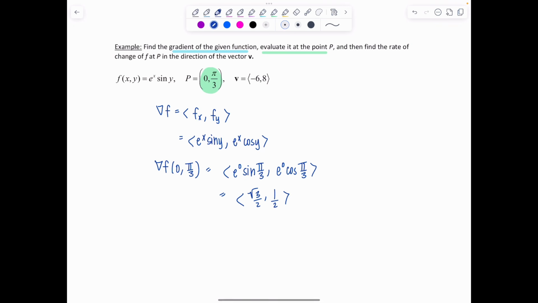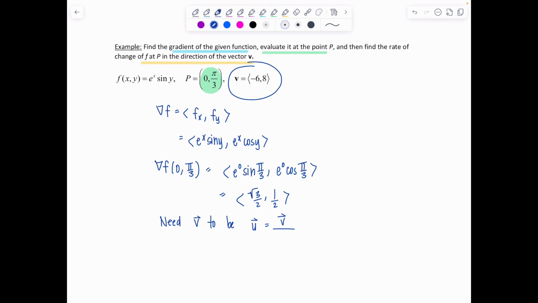Done. Okay. Lastly, they said find the rate of change of f at P in the direction of the vector V. So they want the directional derivative of f in the direction of V. Now V needs to be a unit vector. How do we make a vector a unit vector?